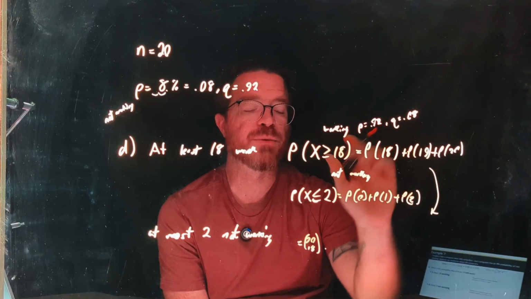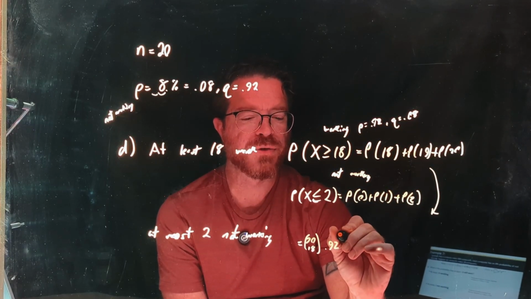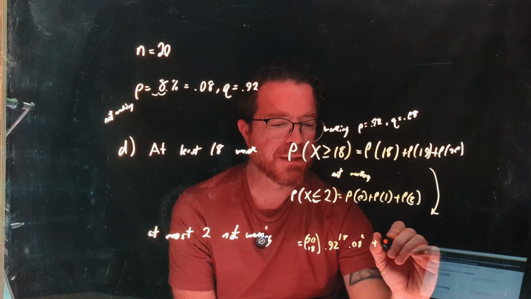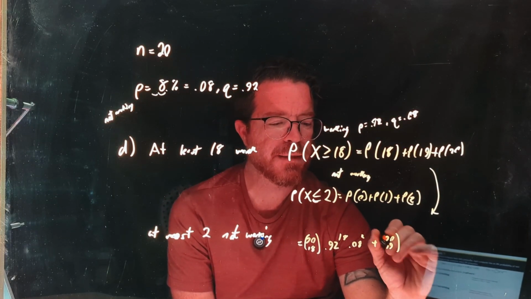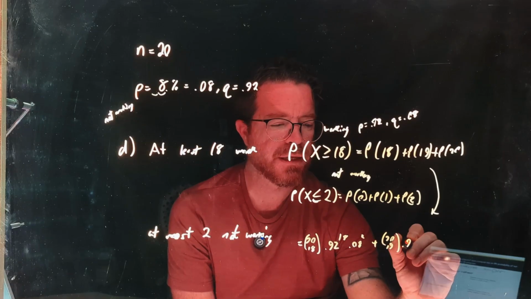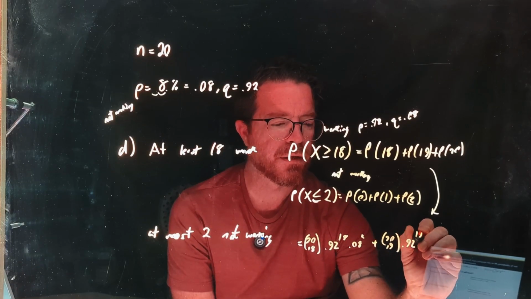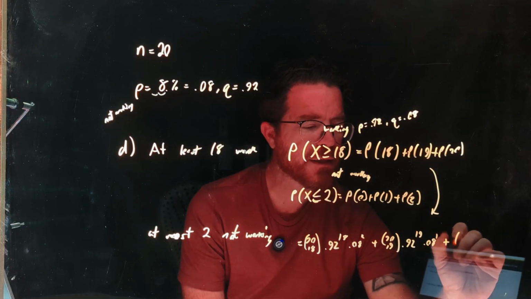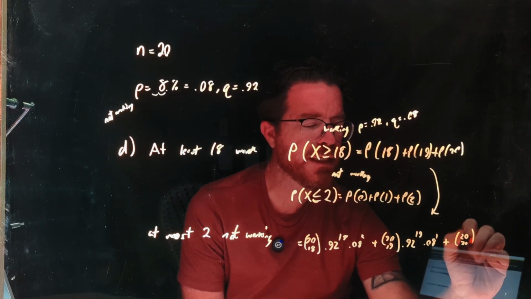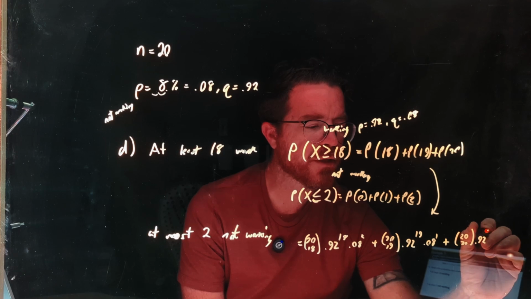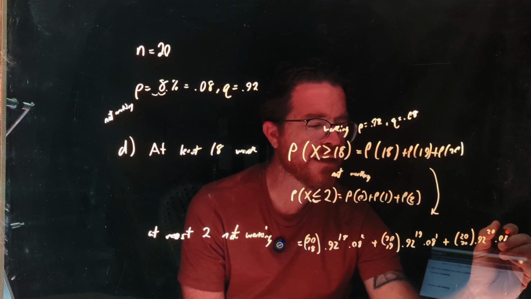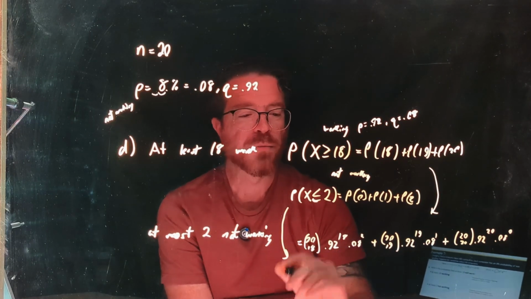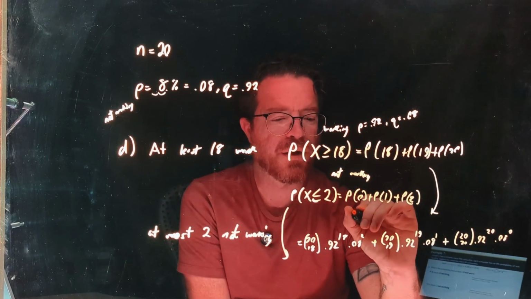Now, my probability of success for this one was 0.92 to the 18th power, 0.08 squared, plus 20 choose 19, 0.92 to the 19th power, 0.08 to the 1 power, plus 20 choose 20, 0.92 to the 20th, 0.08 to the 0.